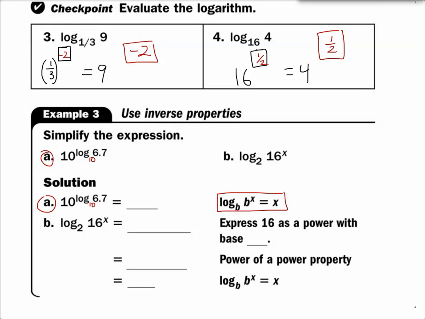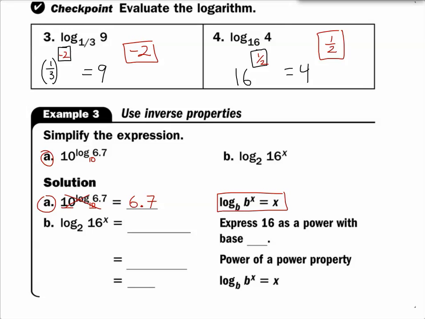So the base of the exponent is the base of the log. You can kind of sort of in your mind cross them out, and the answer is 6.7. Boom. Now, I said kind of sort of because the 6.7 was in the exponent, whereas now it's actually your normal number answer. Don't sweat it too much. If the base matches the base of the logarithm and they're inside each other, just do away with them and look at the number you're looking at.